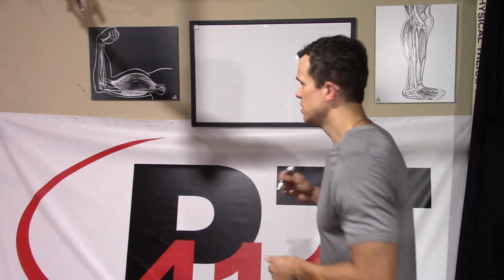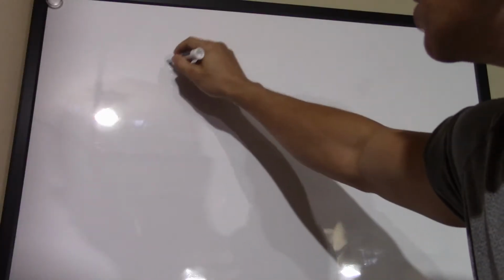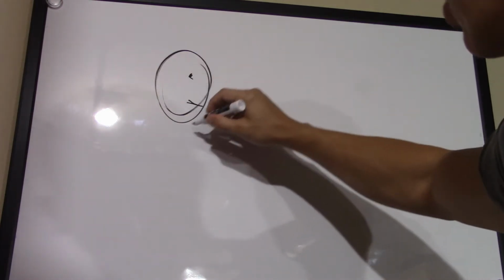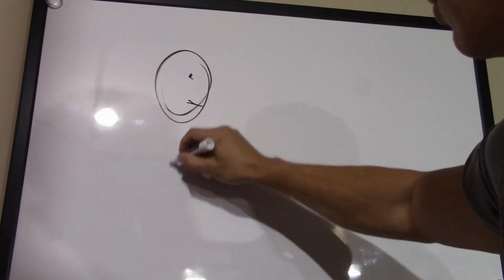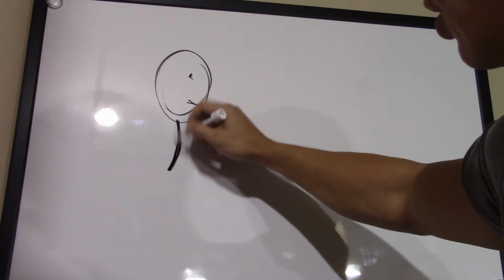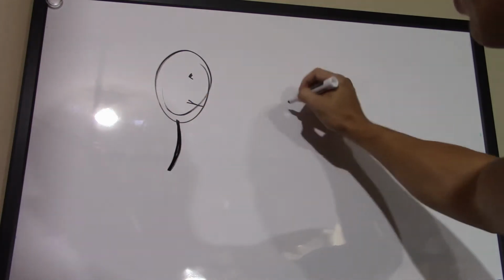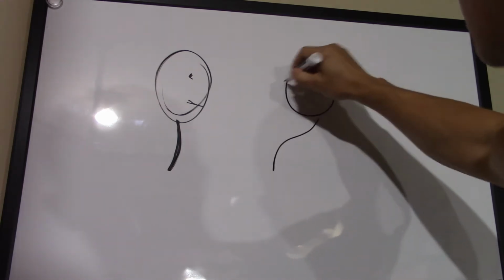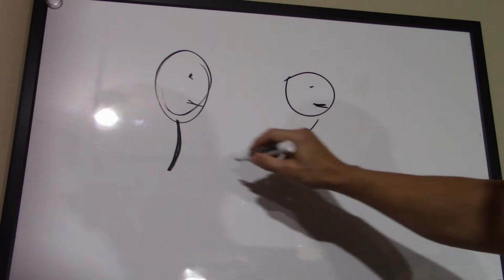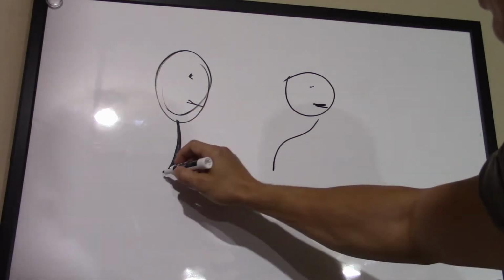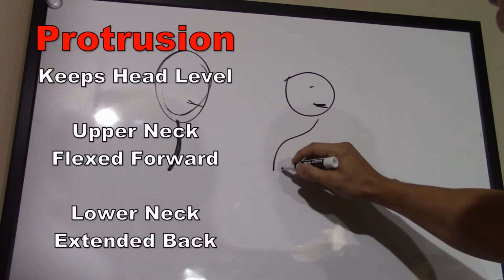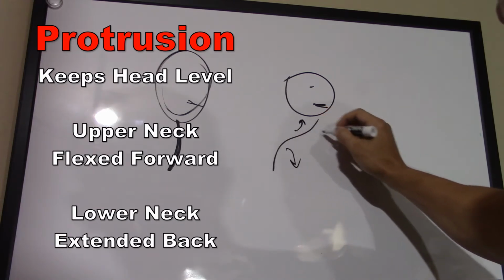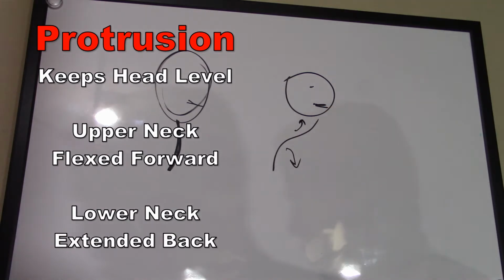And when I mean opposite things here, to keep our head nice and level with the ground, when we're more upright here with that natural slight lordotic curve, that arch in the neck, whenever we're protruded more forward to stay nice and upright there, instead of our entire neck being more extended, our lower neck ends up flexing quite a bit, but that upper neck has to arch quite a bit more there.